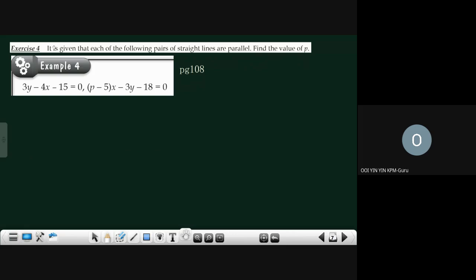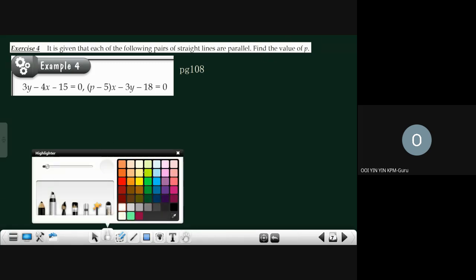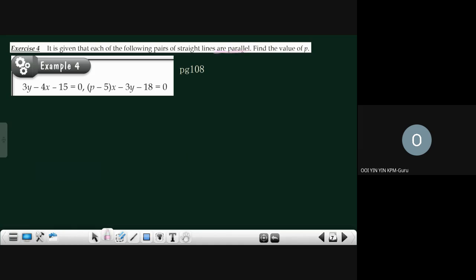Read the question. It is given that each of the following pairs of straight lines are parallel. Find the value of p. Now they tell you that these straight lines are already parallel.